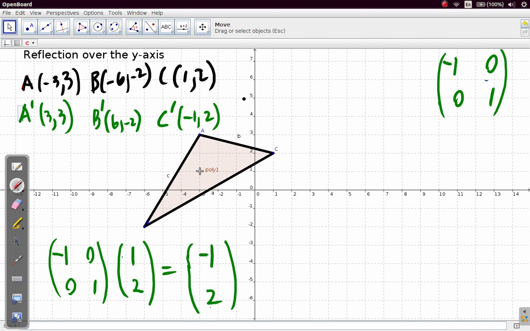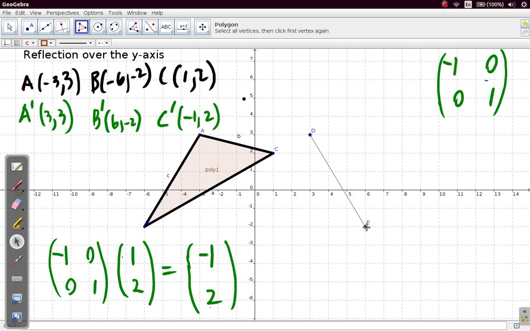Alright, now let's plot the points and get our new triangle. So it's 3, 3, which is right here as our first point. Our second point is 6, negative 2. So 6 is here and negative 2 is down here.